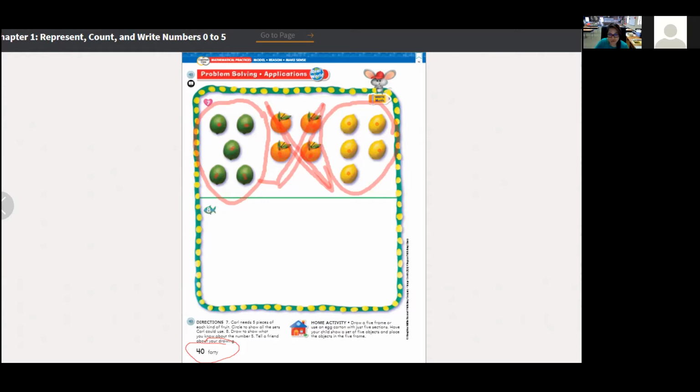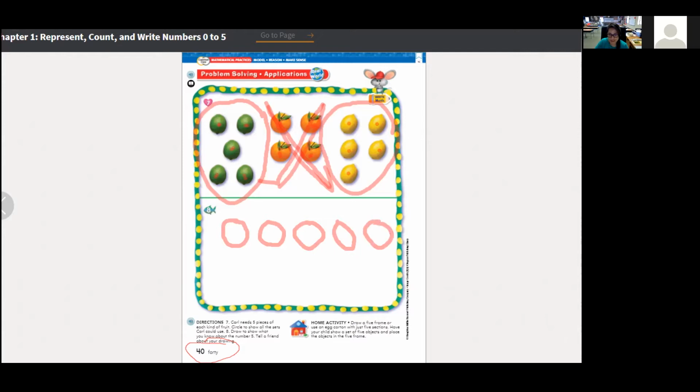Okay, so we need to draw 5 to show 5. So I'm going to draw counters, again, circles, okay? And as I draw them, I'm going to count them to make sure that that's how many I'm drawing, okay? And I need 5, so I need to count to 5. Here we go. 1, 2, 3, 4, 5.